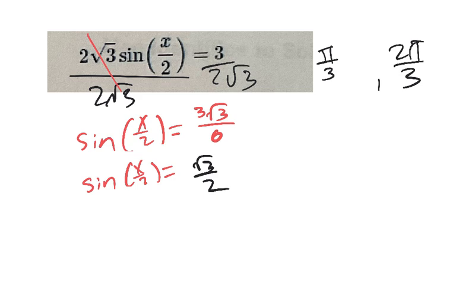That's what I need to look at. So what am I doing with these angles? I want this whole thing to be pi over 3, because sine of pi over 3 is this. You with me? So I need x over 2 to be pi over 3.